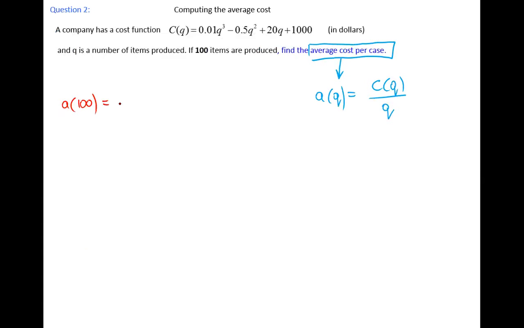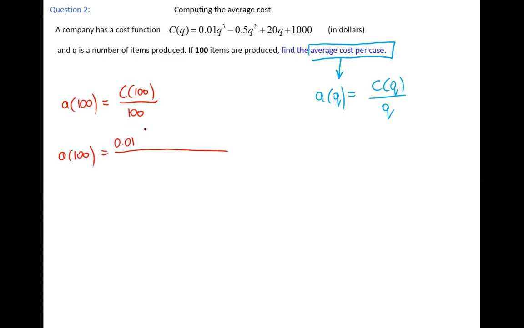The only thing that I have to do is substitute 100 into the formula of the function and divide by 100. And as we can see, if we know the concept, if we know the idea, it's nothing complicated.